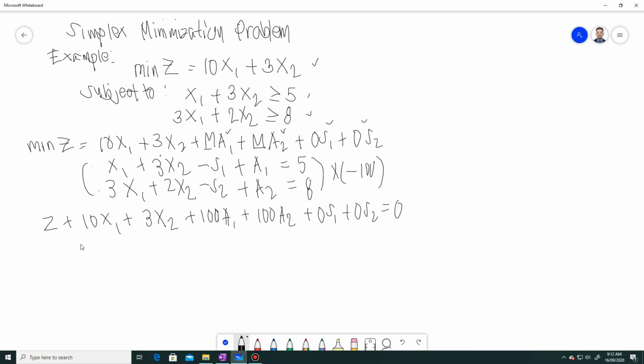For the first constraint it becomes, take note that this is a1.